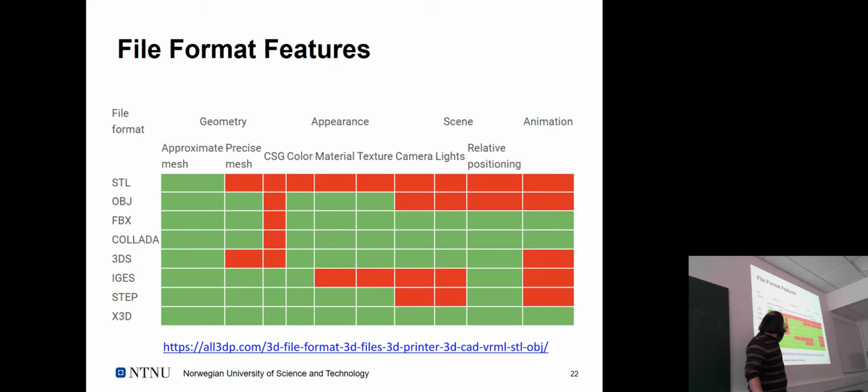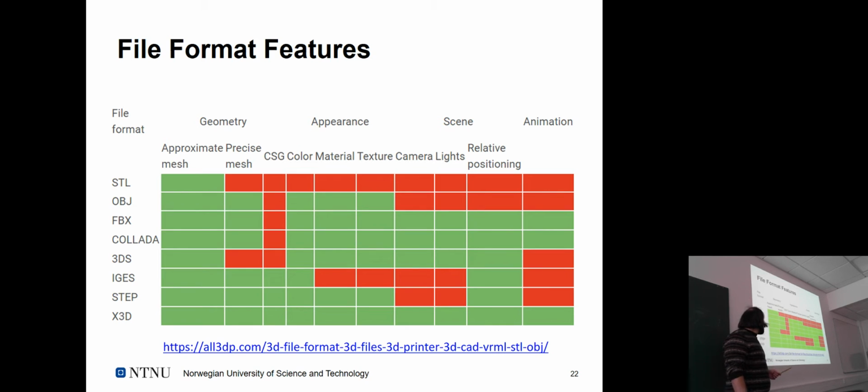This is a CSG. Their appearance attributes supported like color, material, texture, and the scene attributes, camera, lights, relative positioning of the camera, and animation. So you can have a brief overview which format supports what.